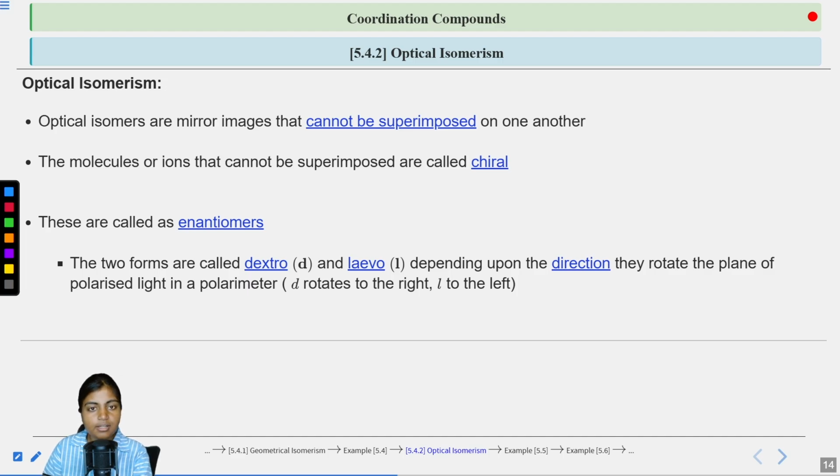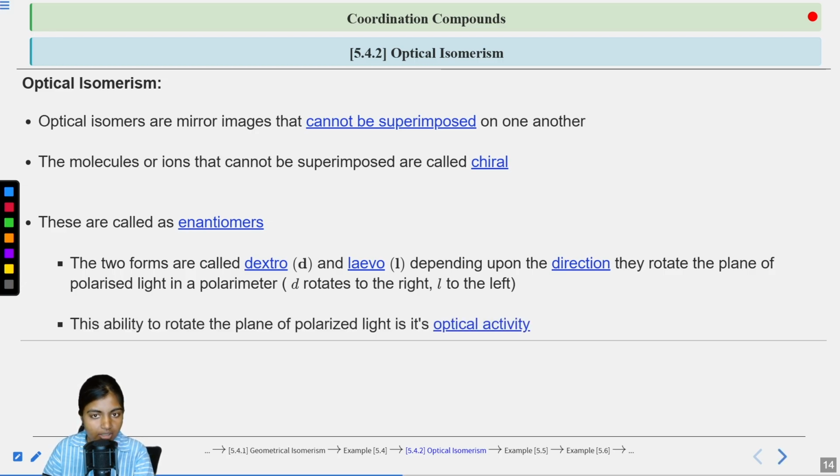A polarimeter is a device we use to rotate the plane of polarized light to know the structure of our complex. D means light is rotating to the right, and L means light is rotating to the left. This ability to rotate the plane of polarized light is its optical activity.